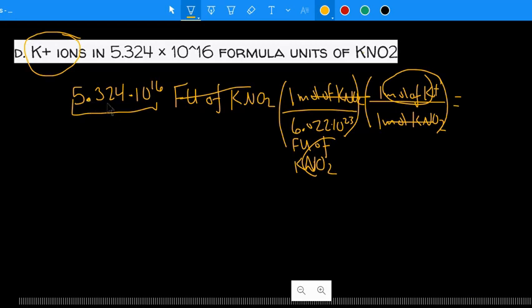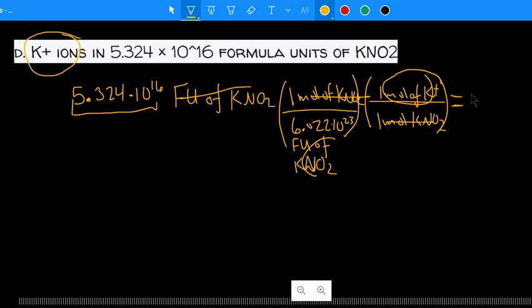So mathematically, you just take the given quantity, 5.324 times 10 to the 16th divided by 6.022 times 10 to the 23rd. And again, if you are good at dimensional analysis, you would see this is called the power of 10 rule. This exponent minus this exponent should give you the approximate exponent of your result here.